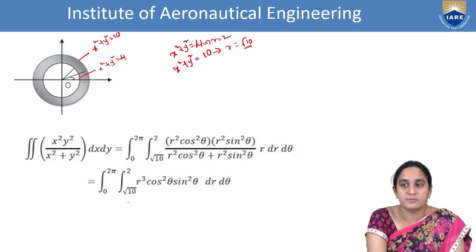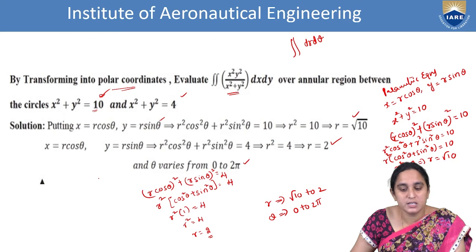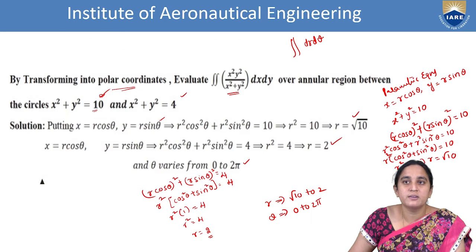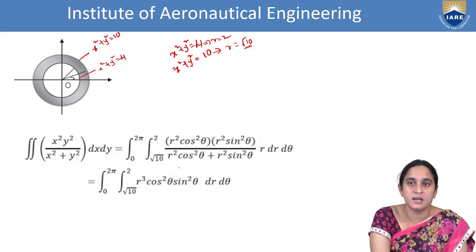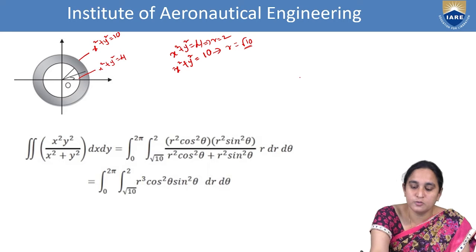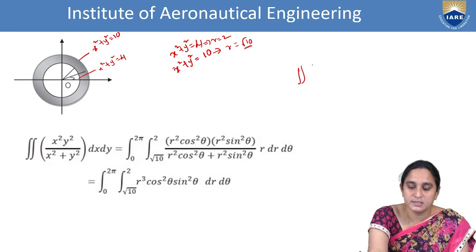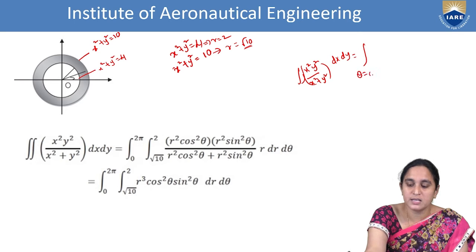But from the first question, what's the function here? Double integral of x square y square by (x square plus y square) dx dy. Now I'll convert each and every term into polar form, that is in terms of r and theta. Here the limit points for theta are 0 to 2 pi and for r are root 10 to 2.